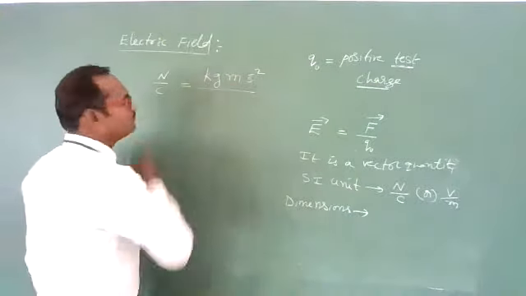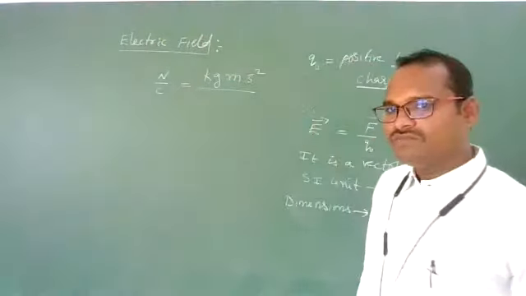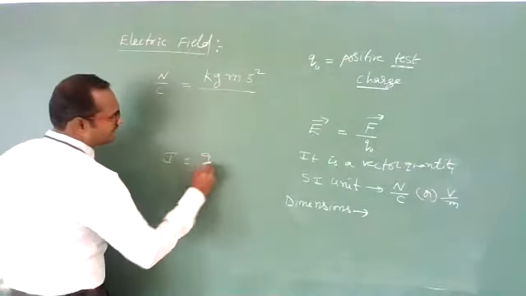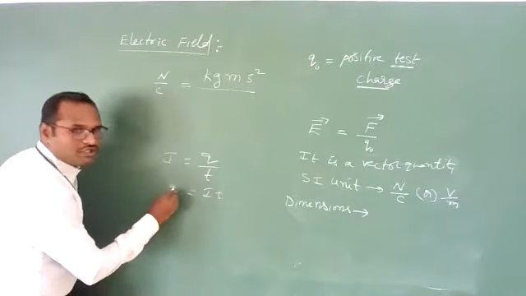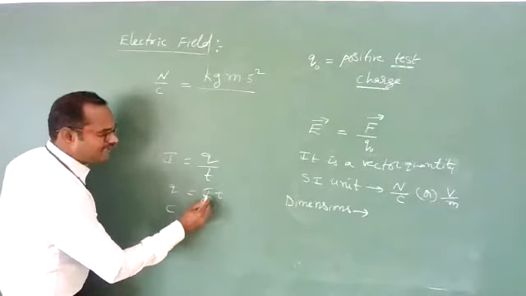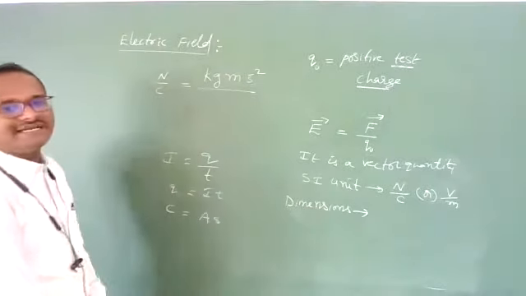Divided by coulomb. Coulomb is not a fundamental unit. Then what will be the fundamental unit? As we know, current I is equal to Q by T, then Q is equal to IT. Q is charge, whose SI unit is coulomb. I is current, whose SI unit is ampere, and time is second.